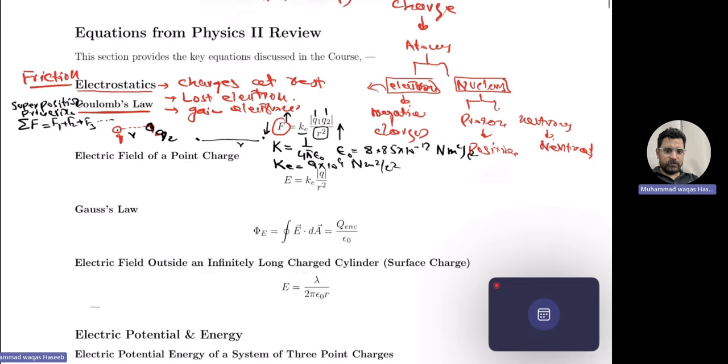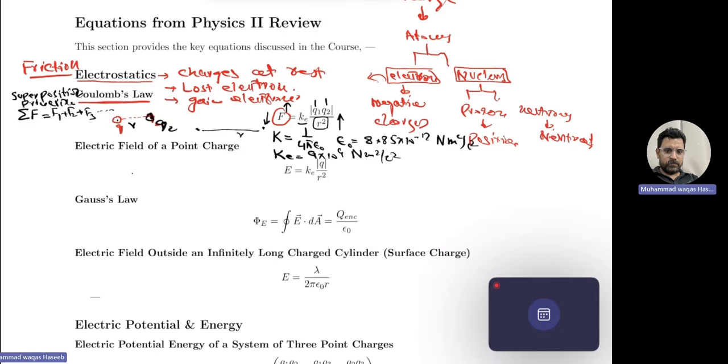Now, if you have a point charge or a positive charge, then in an area or vicinity, it can attract or repel any other charges. The electric field at a point is nothing but the force per unit charge, on a positive point charge.